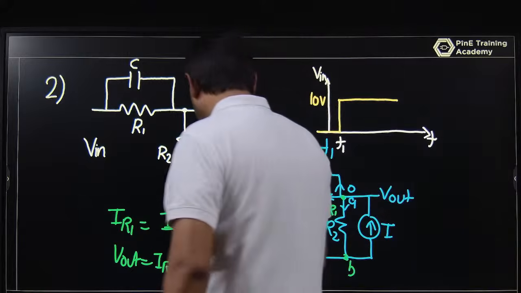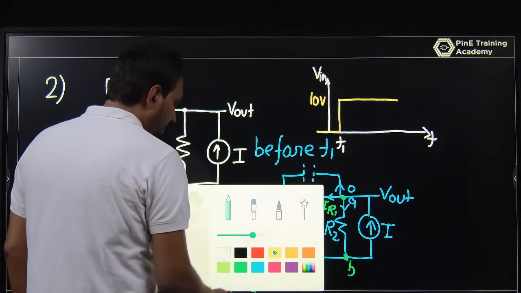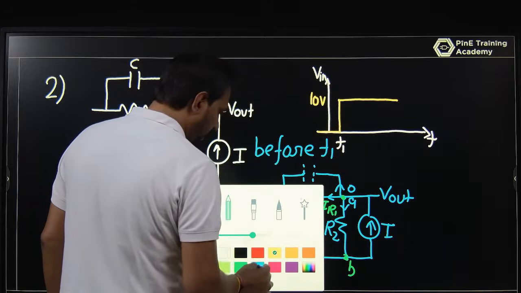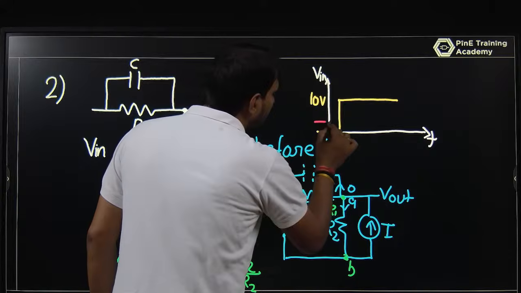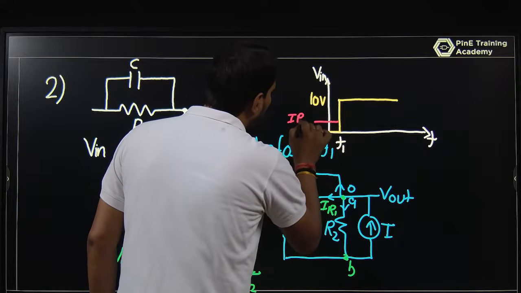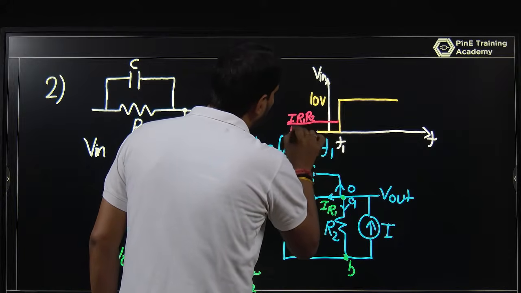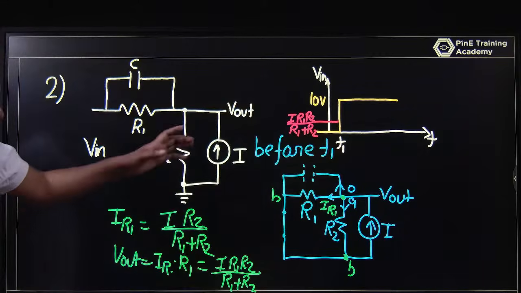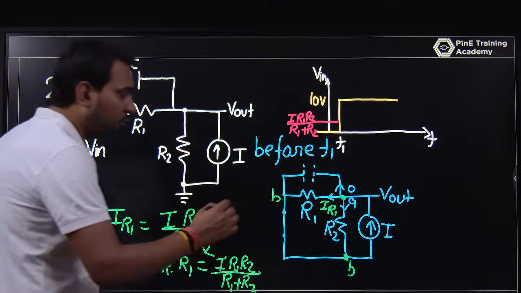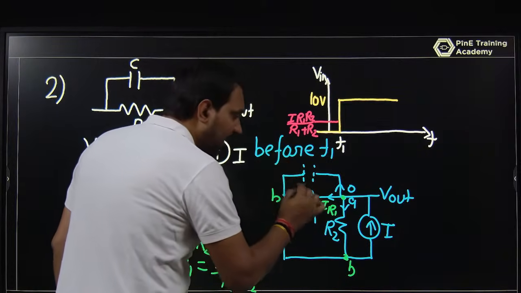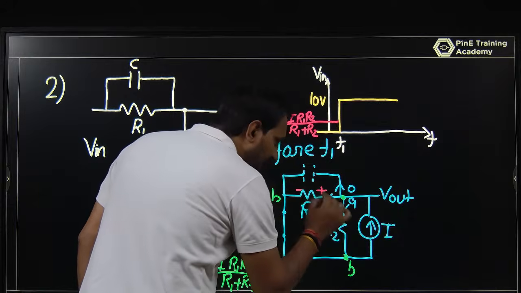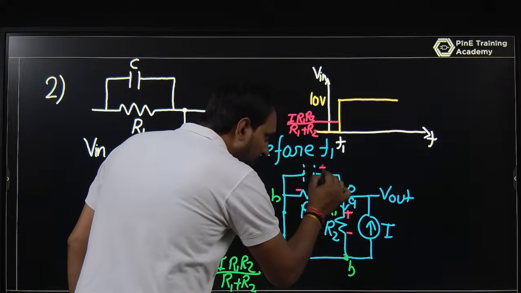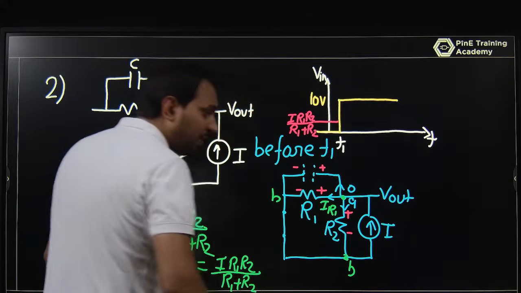Before T1, this is the voltage, I R1 R2 upon R1 plus R2, and that will be the voltage across the capacitor also. And of course, please focus on the direction. The current is entering this way.